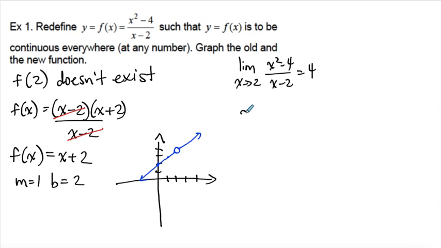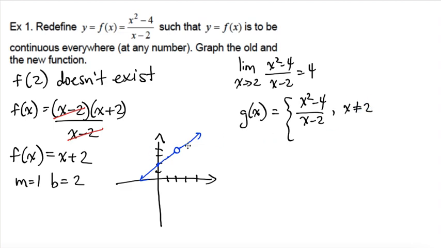So when I'm creating my piecewise function now, I'll call it g of x. It's going to be a piecewise function where the function is x squared minus 4 over x minus 2, which we know is the same as x plus 2, as we saw over there, when x is not equal to 2.